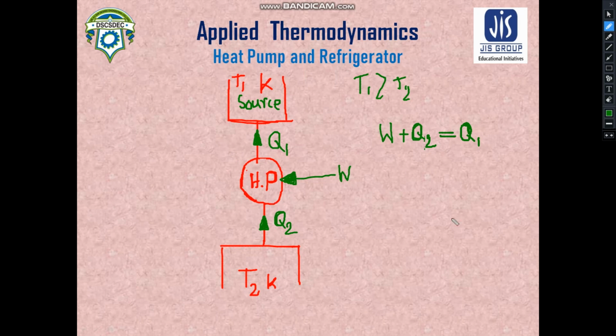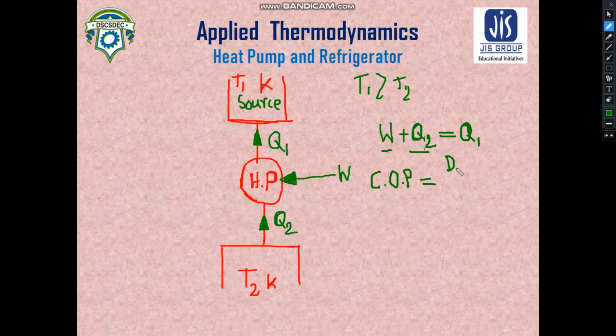So let us concentrate on this point. This is your energy balance. This W and Q2 are your energy inputs, and this Q1 is your energy output, right? So how do we measure the performance of a heat pump? Let us see that. To measure the performance of a heat pump, we define a term COP. COP is called the coefficient of performance.